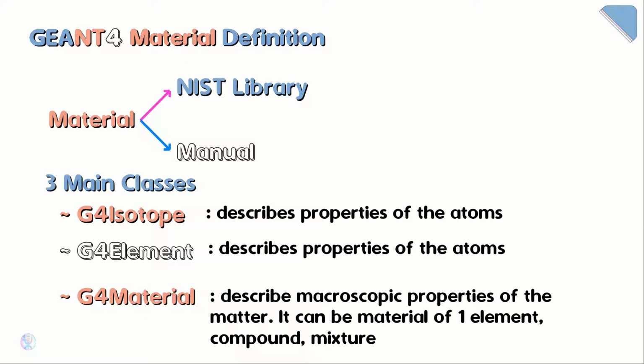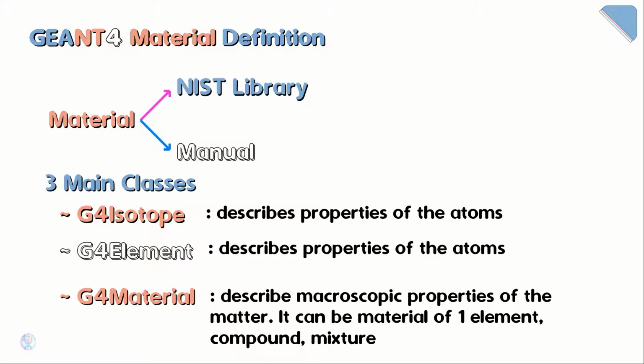And there are three main classes in Geant4: isotope, element, and material. Isotope and element both describe prototypes of the atoms. But today I'm not going further into the Geant4 isotope because I think it's a little bit tricky. For the Geant4 basics, I will not recommend going further into the isotope.